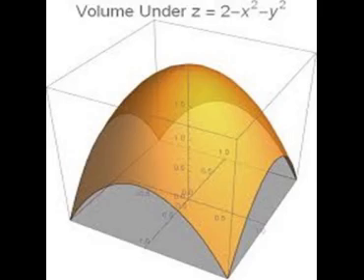Now, can you tell me the volume of this irregular solid? That is, can you find the volume under the irregular surface over the rectangular region in the xy plane?